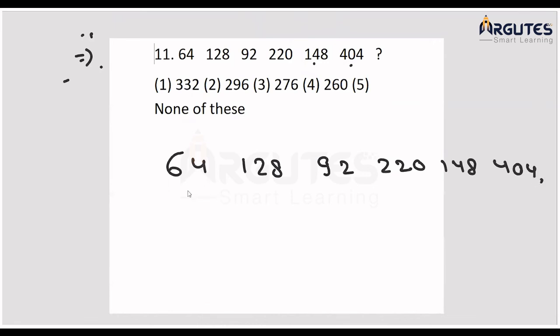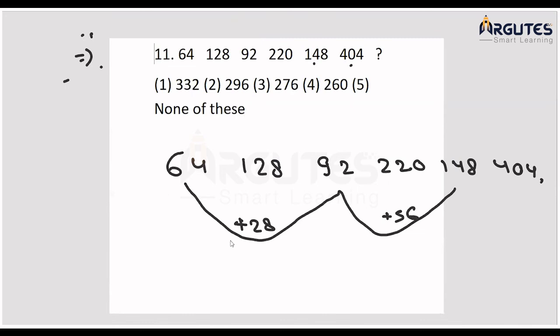So let's proceed for the alternate numbers 64 and 92. How much is the difference? Plus 28. Then 92 and 148. So it's plus 56. Here it seems that 28 into 2 is plus 56. Then try to find the logic over here. 128 and 220. How much is the difference? Difference is 92. Then 220 and 404.